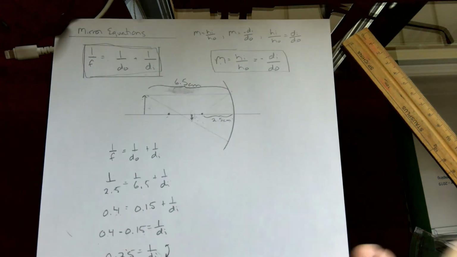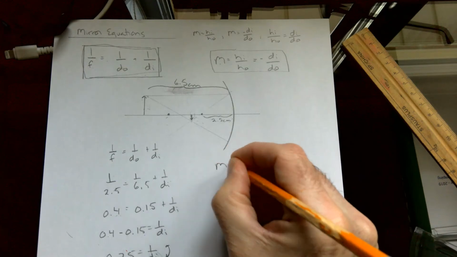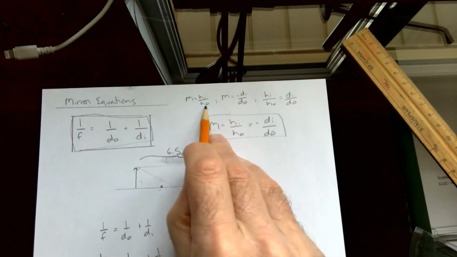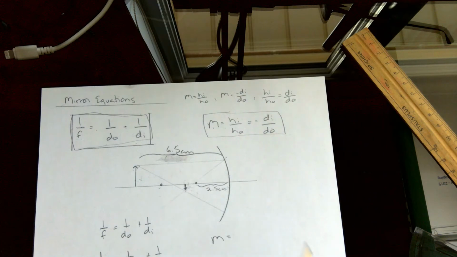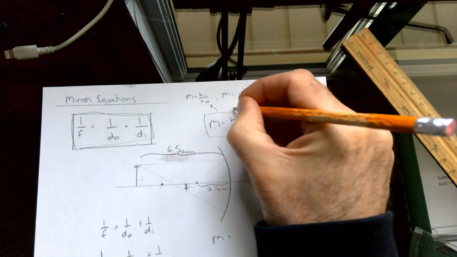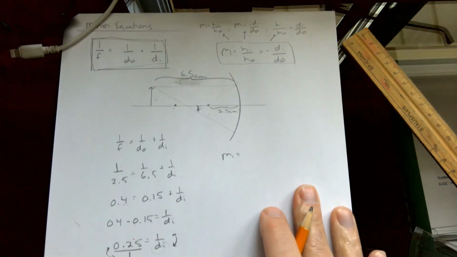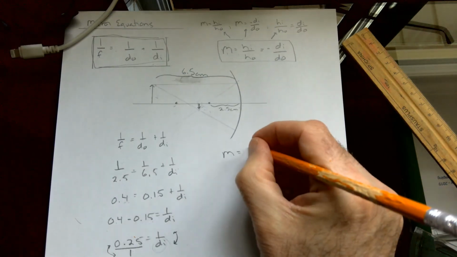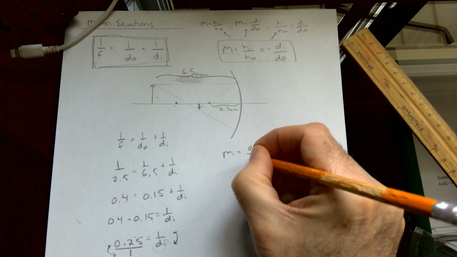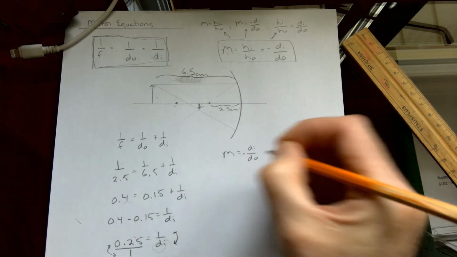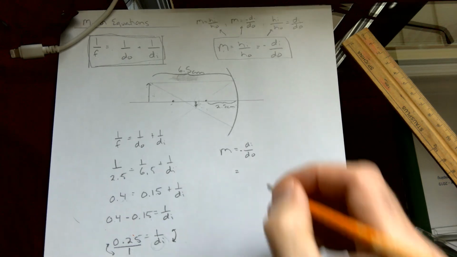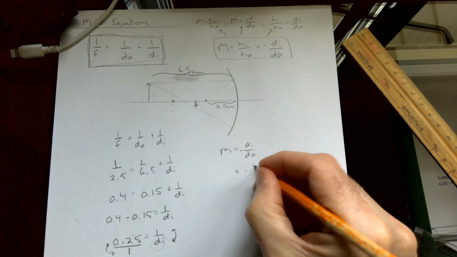So, if we want to know the magnification, we can split this up into 3 smaller formulas. Let's say we want to know the magnification. We said di over do is equal to negative 4 centimeters.